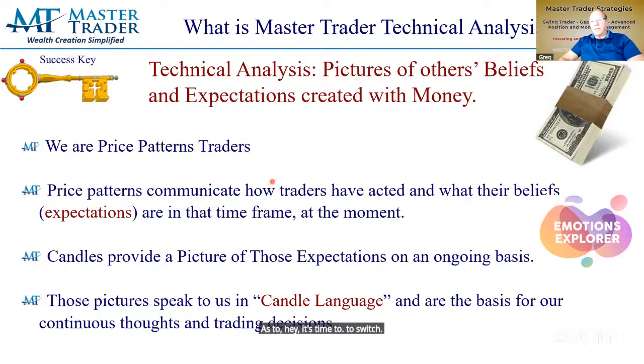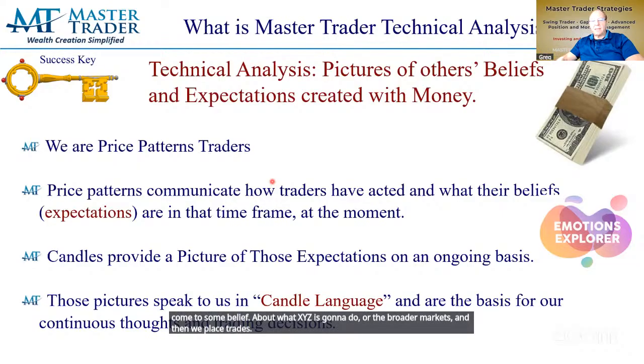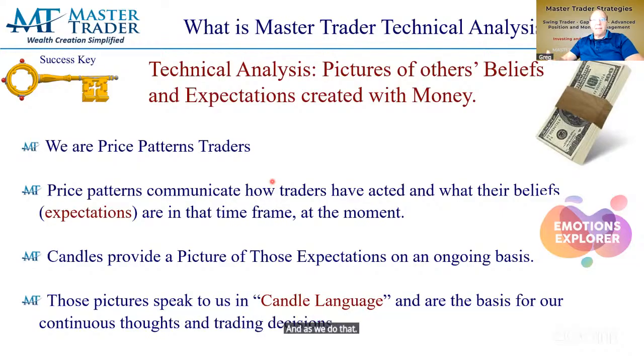Another way of looking at charts versus the indicator-based methodology is that these are pictures that are created with money. Why does that happen? Well, you and I and the rest of the world come to some belief about what XYZ is going to do, or the broader markets, and then we place trades. And as we do that, it prints on a chart for everyone to see what we are doing as a group.